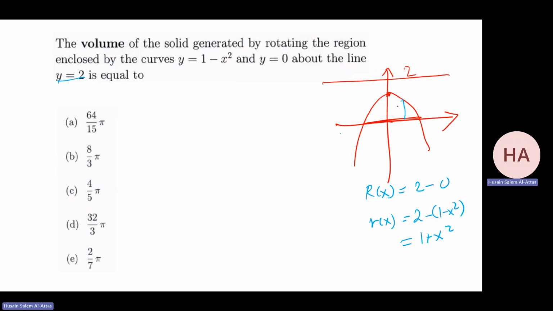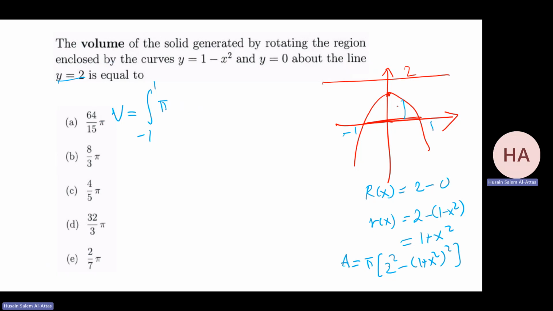And from where to where? From minus 1 to 1. So the volume will be the integral from minus 1 to 1 of pi times, what is the area? Forget to write the area. It will be pi times 4, or 2 squared, let me write it 2 squared, minus (1 plus x squared) all squared. That will be the area.